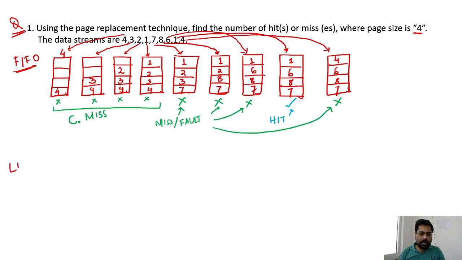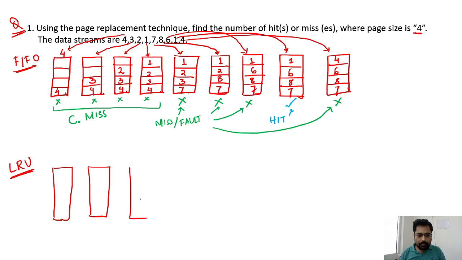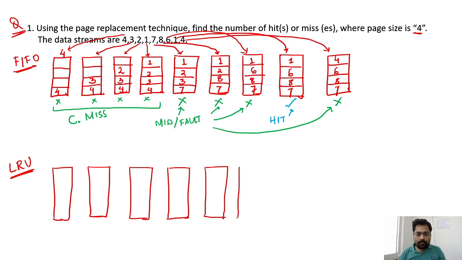And then LRU, which is least recently used. First of all, we need to maintain the pages. Then 4, to write the hit and miss.